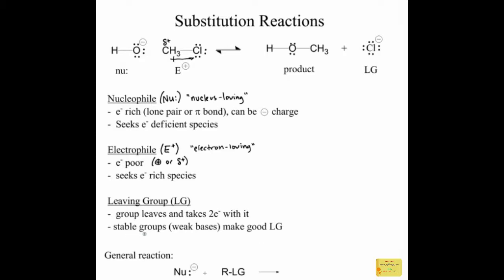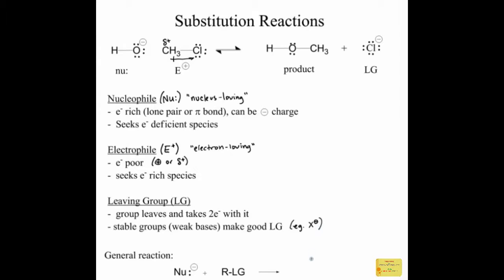And we're also going to be learning about what makes a good leaving group. We'll find that stable groups, things that are stable on their own, would make very good leaving groups. And things that are weak bases are typically pretty stable. So we'll look for those sorts of features. I should also mention that this leaving group we had here is a chloride. So for example, X- makes a very good leaving group.